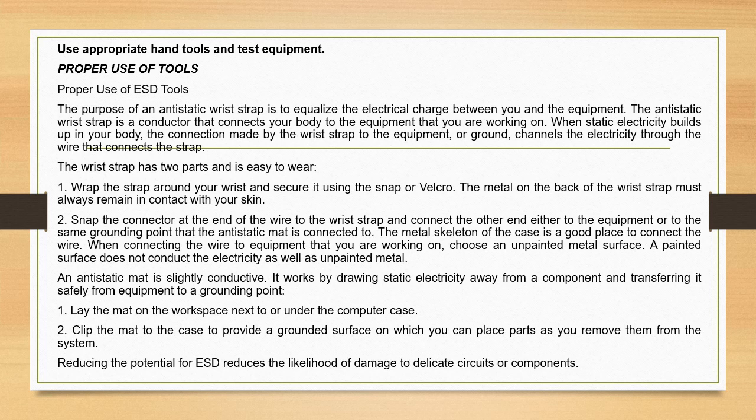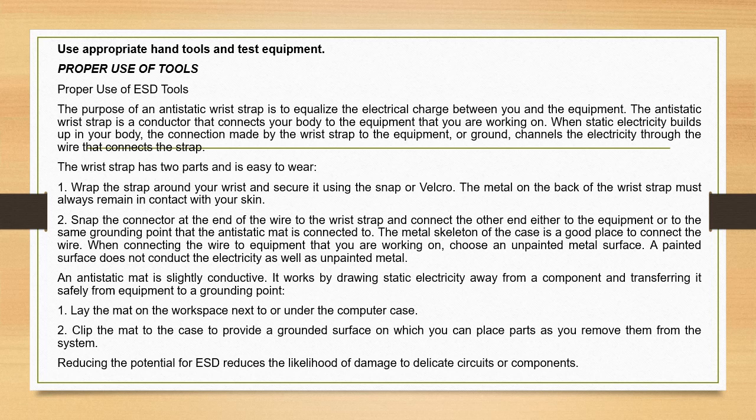The wrist strap has two parts and is easy to wear. Number one, wrap the strap around your wrist and secure it using the snap or Velcro. The metal on the back of the wrist strap must always remain in contact with your skin. Snap the connector at the end of the wire to the wrist strap and connect the other end to either the equipment or to the same grounding point that the anti-static mat is connected to.